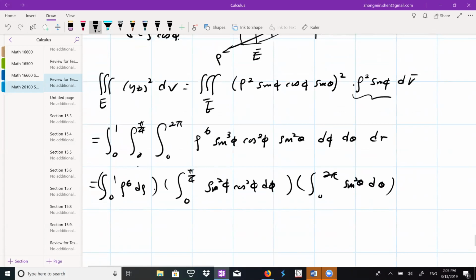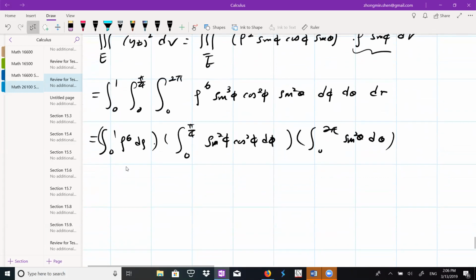The only integral I should talk about is the one with sine squared theta, because sine squared theta is going to be 1 minus cosine 2 theta divided by 2, so you have to change it to that. The integral of sine squared theta from 0 to 2 pi is going to be pi.